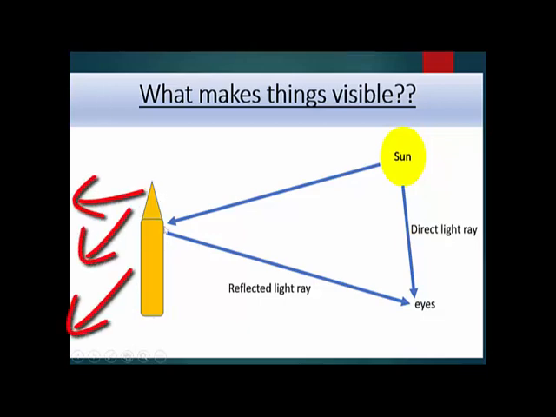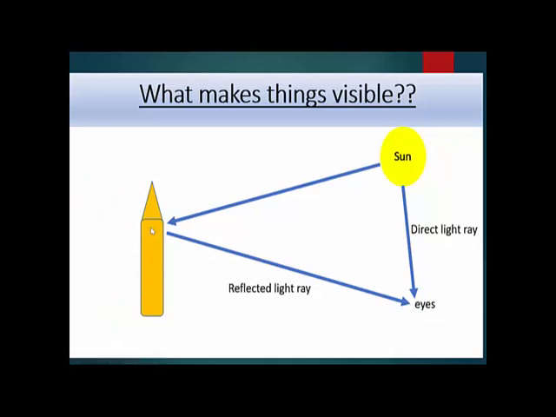One light ray will go here, one towards the left, towards the bottom left, towards directly the bottom, but there will be a few light rays which will come towards your eyes. So right now, you are receiving a light ray only after reflection from the pencil. This light ray is called a reflected light ray.